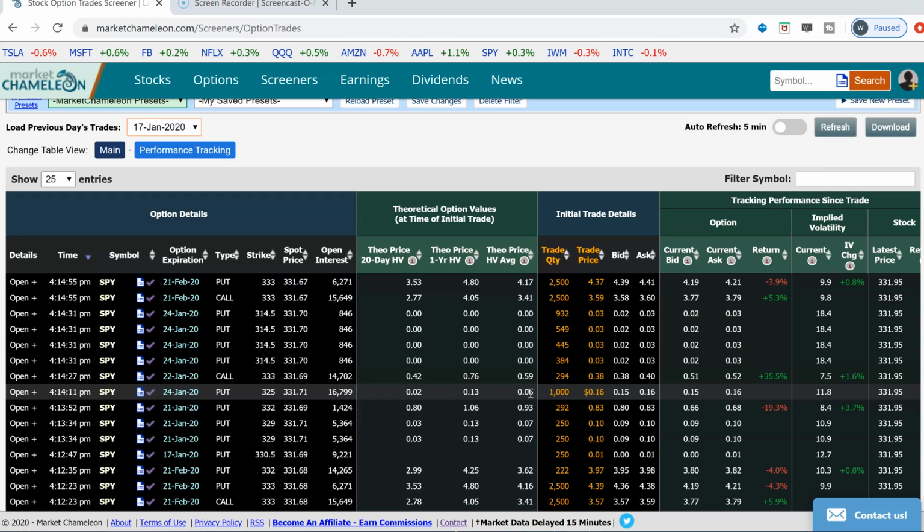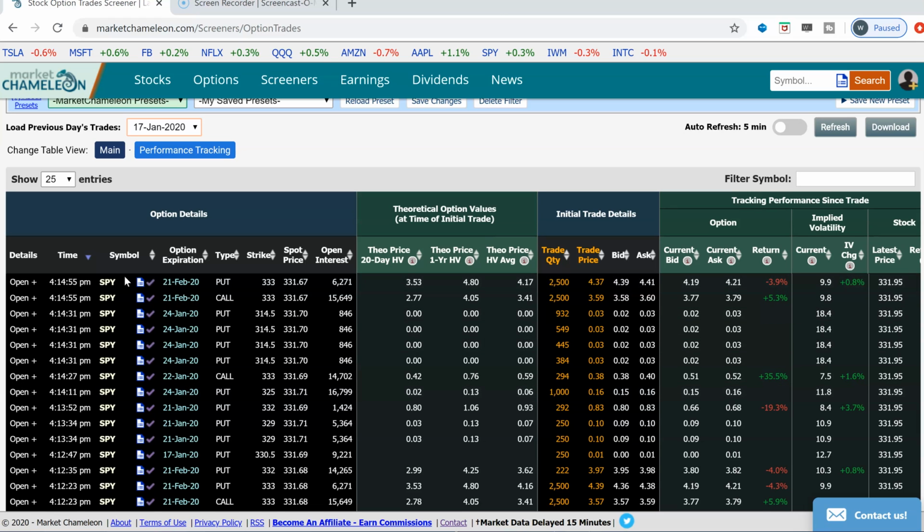The other reason you might want to do it is before actually entering a trade, sometimes you want to see, well, after the trade, is the option, is the stock, is the implied volatility behaving the way I anticipated at this point in time? Kind of get some confirmation before you enter the trade, kind of as your insurance policy. And we'll go over an example of both of them right now.